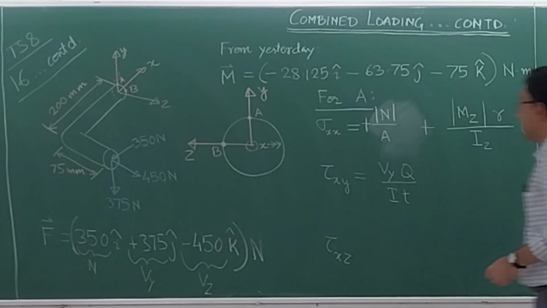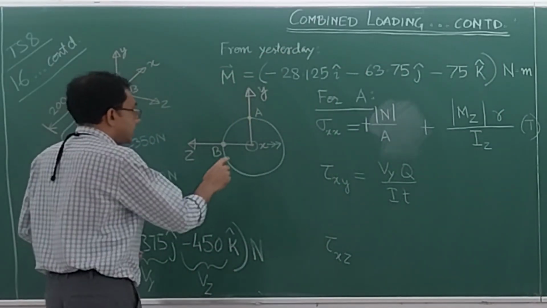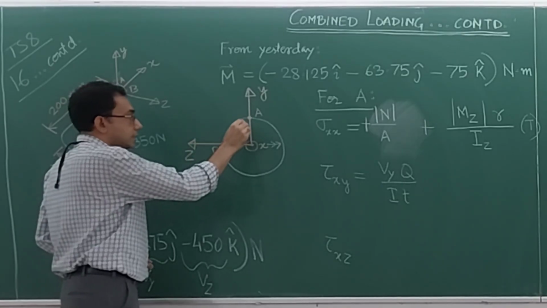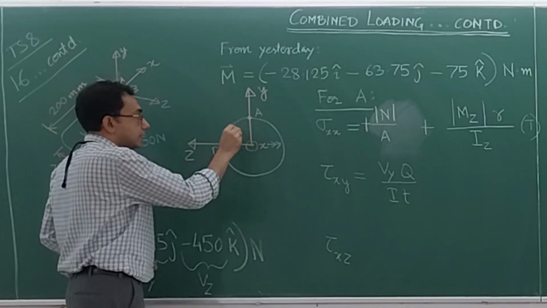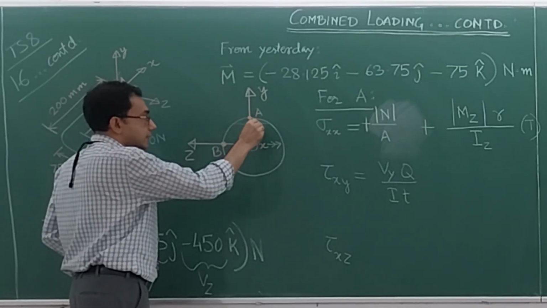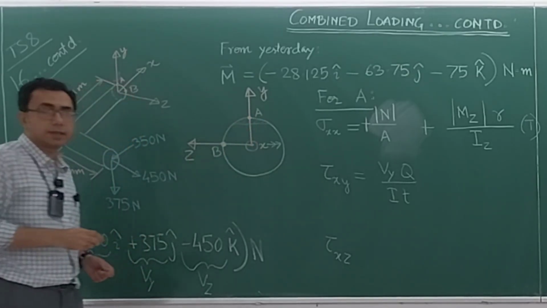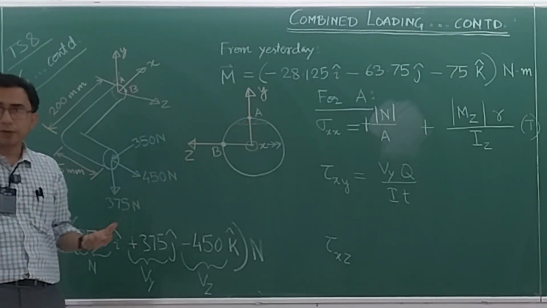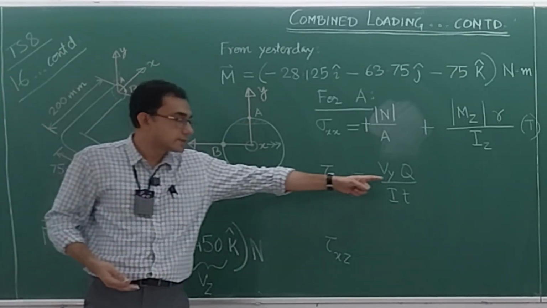You note that if our point of interest was not this point A, rather it was somewhere here inside, then we would have drawn a line like this, and then we would have taken this area. That area would have contributed some value of the Q which we would have utilized here.